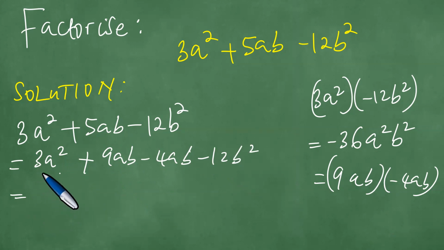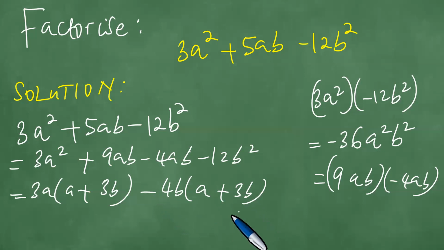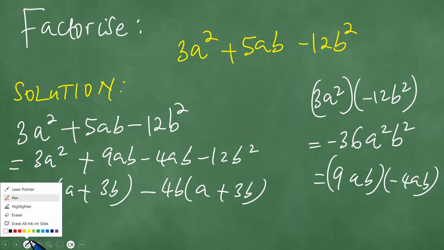Right. Factor out here 3a. You have a plus 3b. Factor out minus 4b, and then here you have a plus 3b. Right, so what you're getting here, therefore, is you factor out.